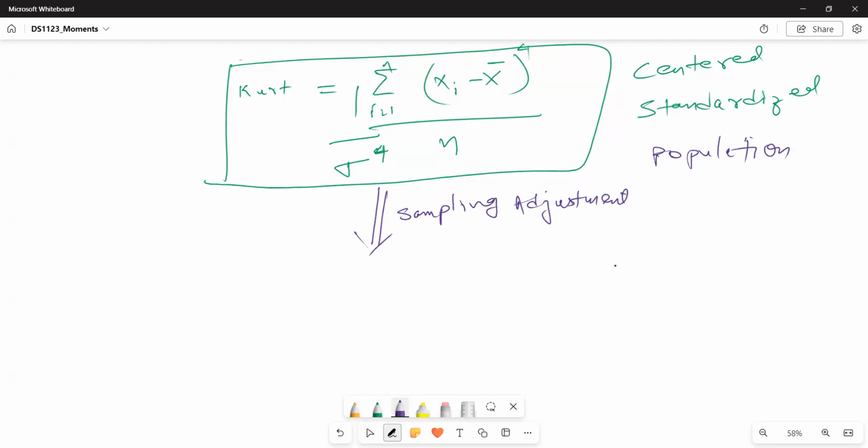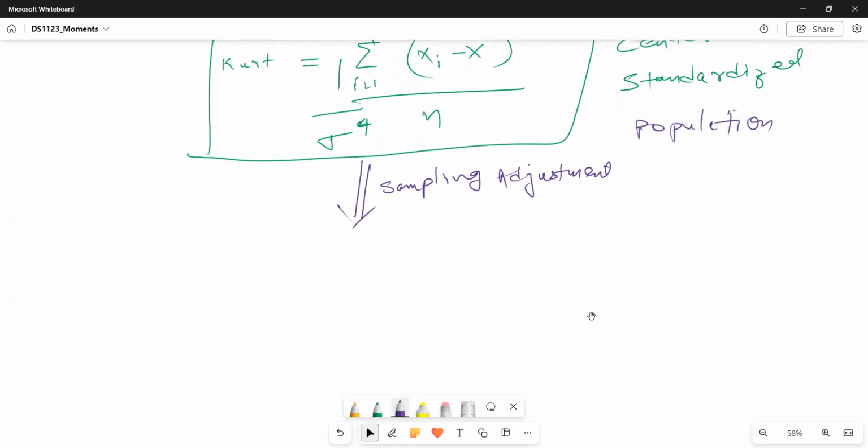The sampling adjustment will be added on top of it, and the new formula becomes, I'll write the older formula first. My kurtosis is the summation of xi minus x bar, which is the mean of the data, taking the fourth power, going from 1 to n, and we'll divide this by the fourth power of the standard deviation.